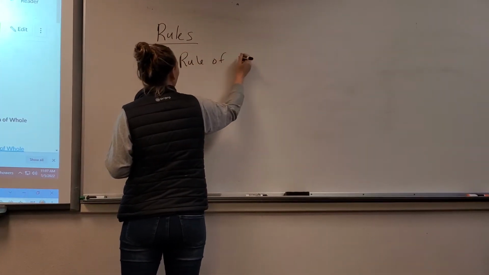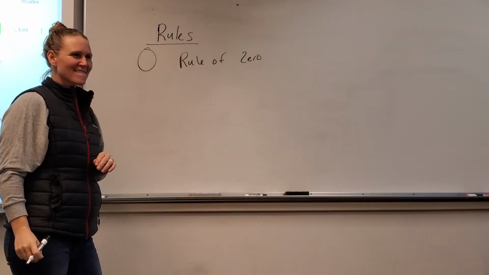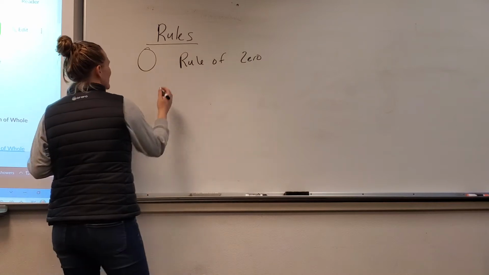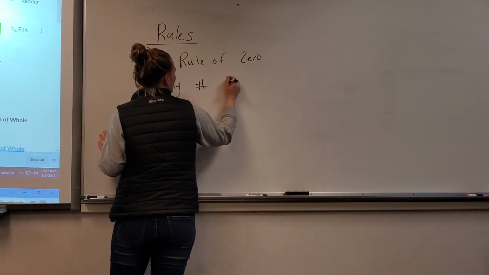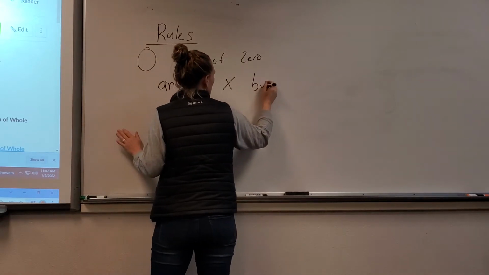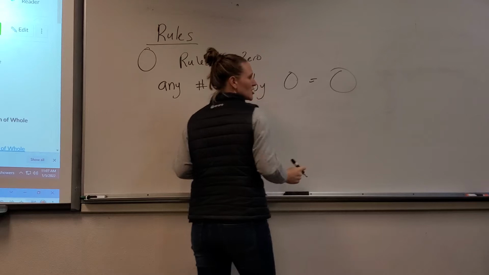Say it. 0 times anything is 0. So if it's 0 times 2, it's 0. Perfect. Any number multiplied by 0 will equal 0.